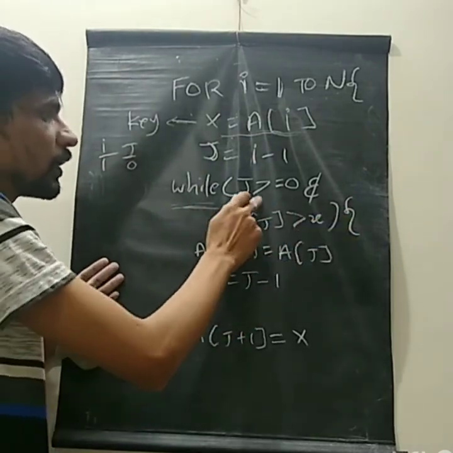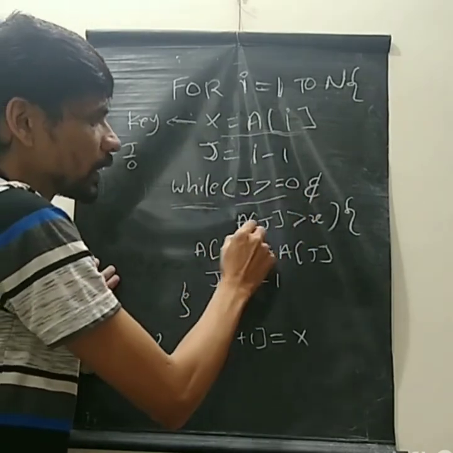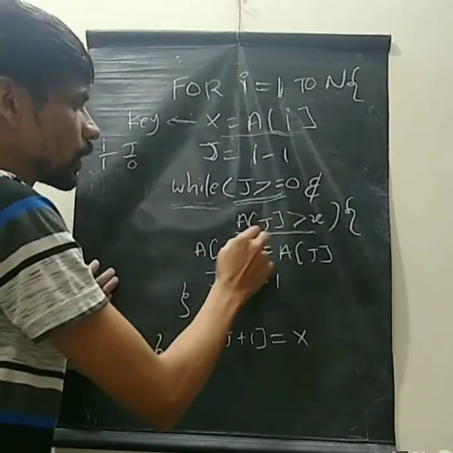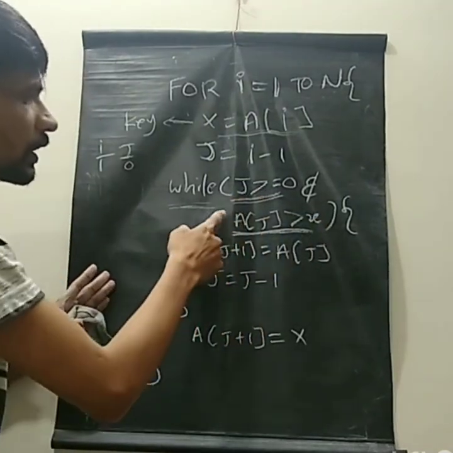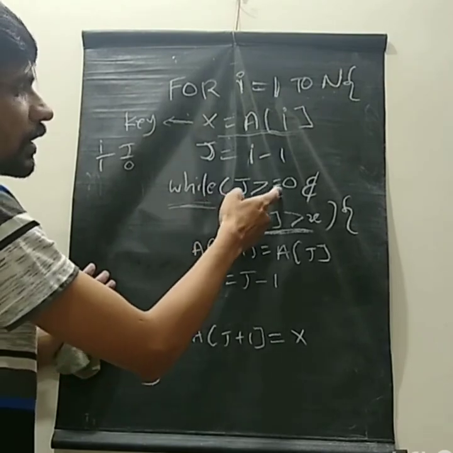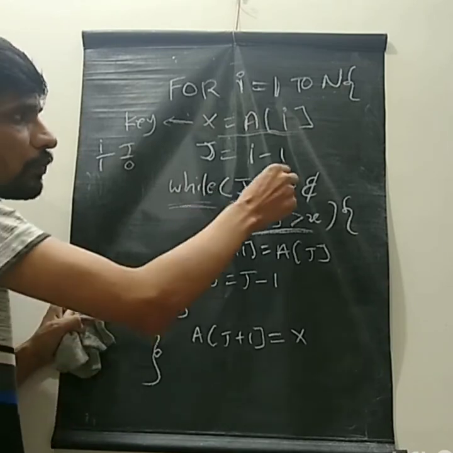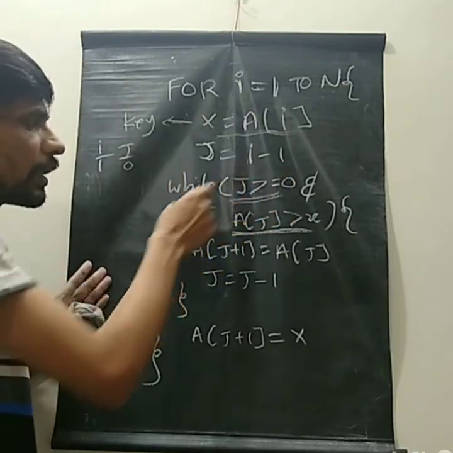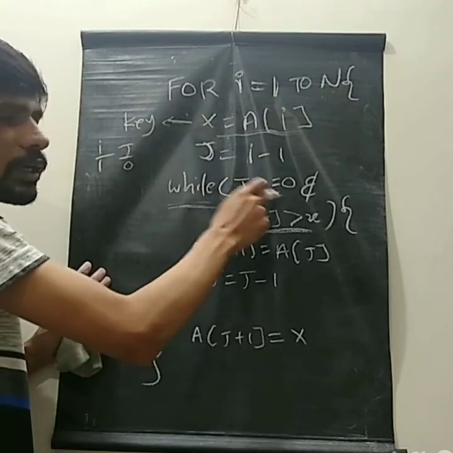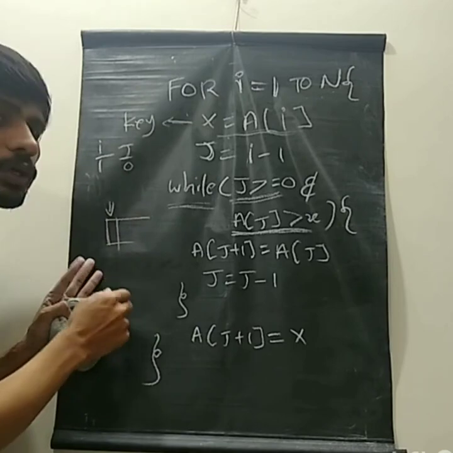So what exactly are we doing here? We are checking two conditions here. This is one condition and this is the second condition. First, we verify whether j is greater than or equal to 0. That means, if my array starts with index 0, whether my j is greater than or equal to 0 or not. So that means whether I am at the starting point or not.